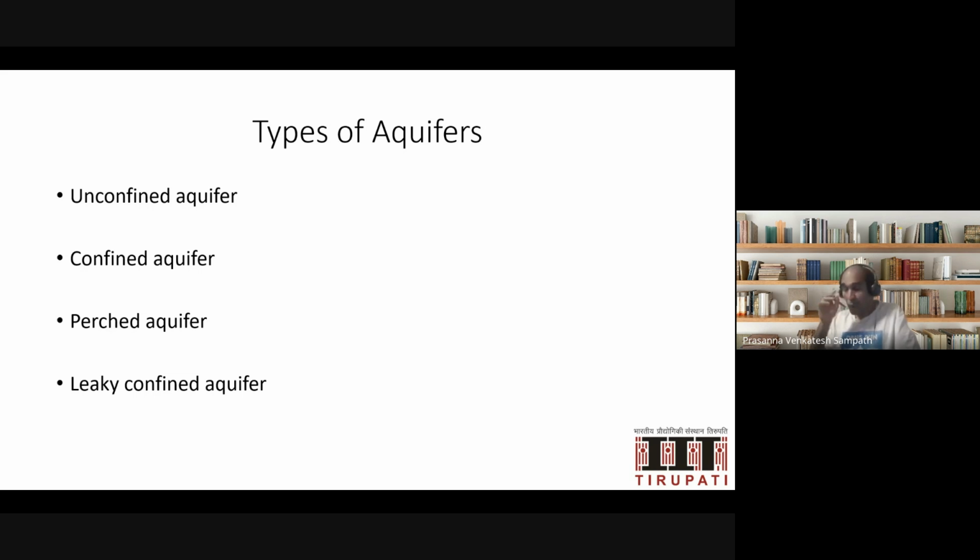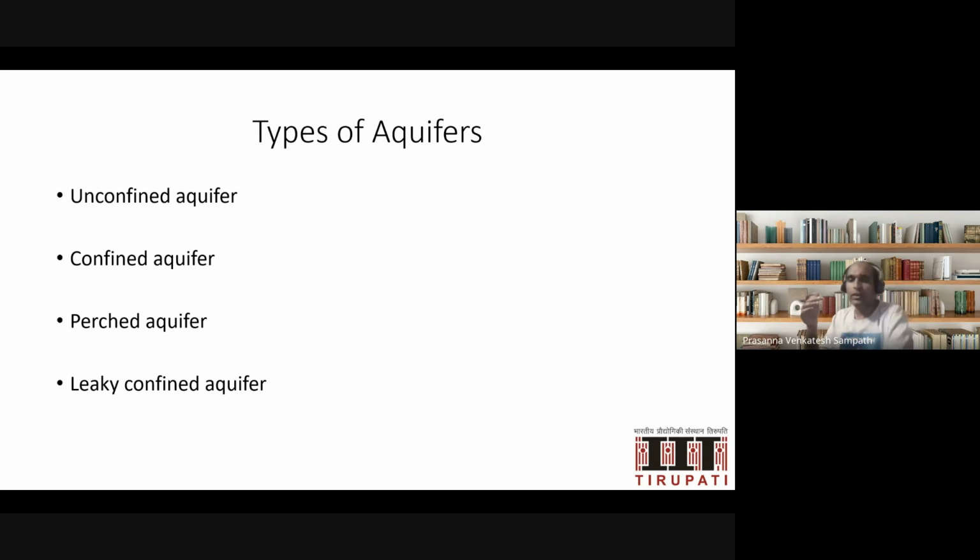Both porosity and hydraulic conductivity have to be high. Only then will it be characterized as an aquifer material. And as I said again, please remember that this classification or distinction between these different materials is subject to the context. If you are in a place where there is only hard rock everywhere, even sandy clay will look like an aquifer because it's giving you some water. Hard rock will give you zero water, right?